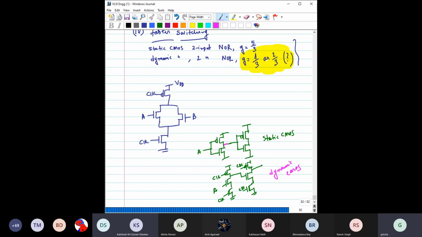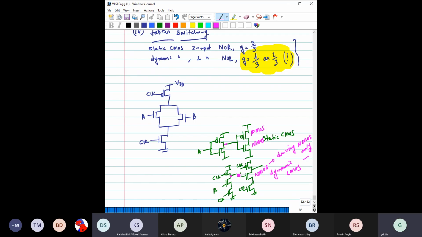But see, here the output is driving both PMOS and NMOS. Here the output is driving only the NMOS, not both PMOS and NMOS. This is for the inverter, but for any other gate also, the output has to drive both the PMOS and NMOS, so it is the capacitance of both.